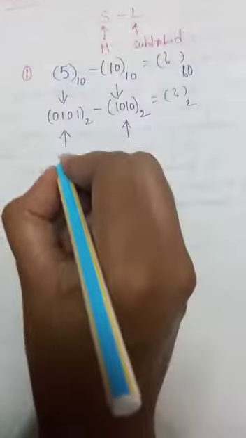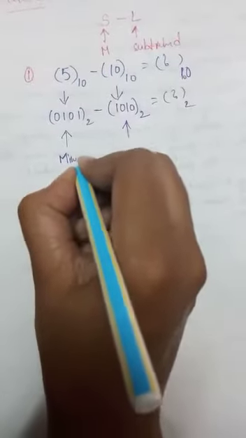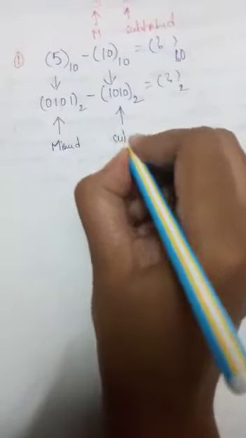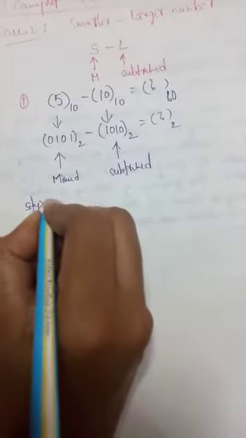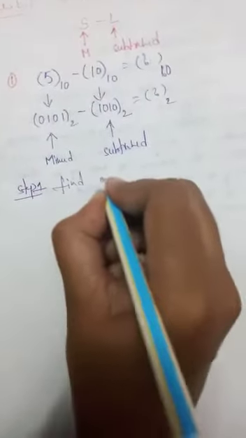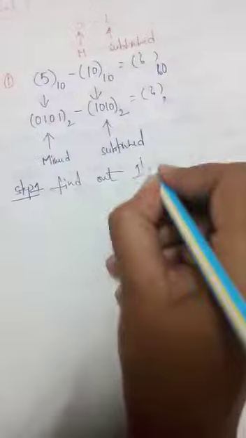This 5 is called the minuend and this 10 is called the subtrahend. First, step 1: find out the 1's complement for the subtrahend.